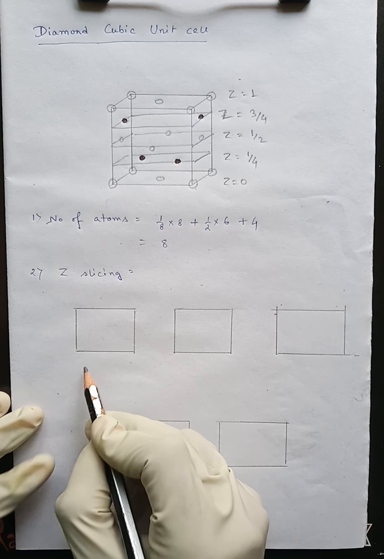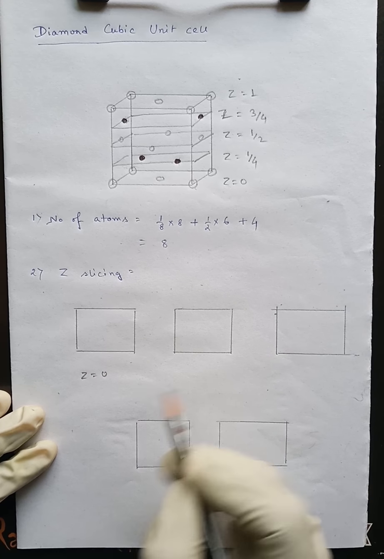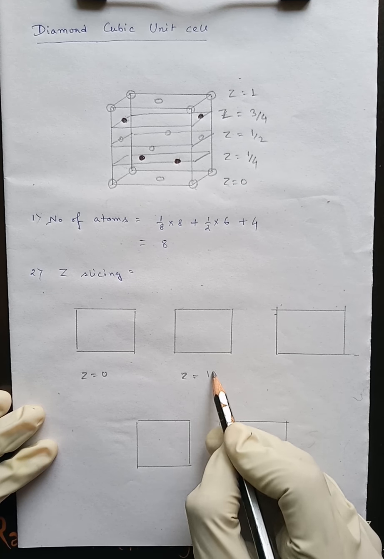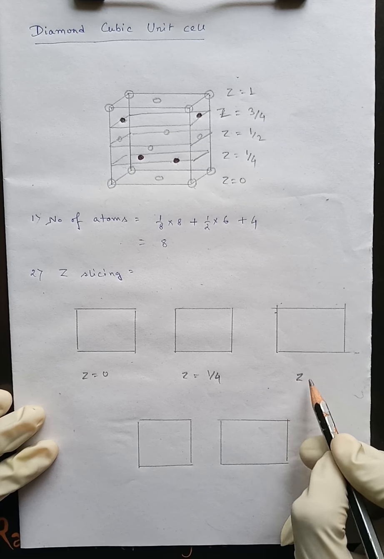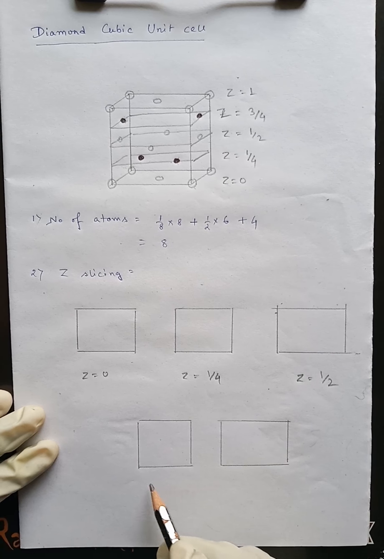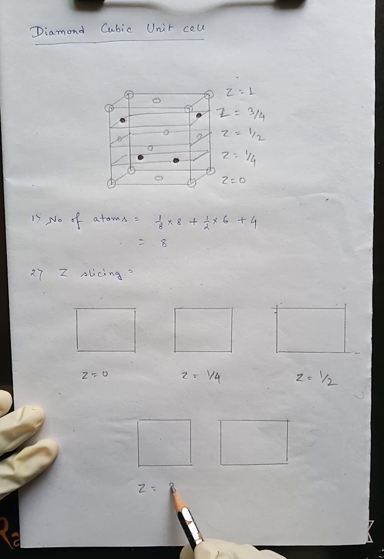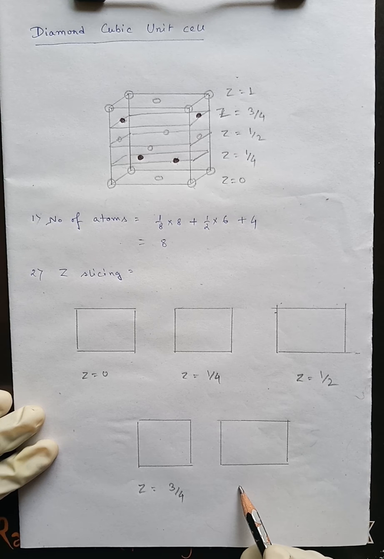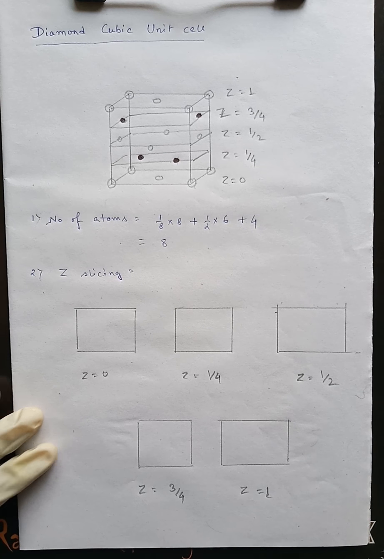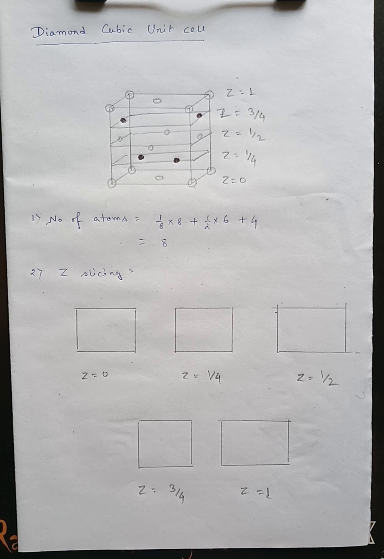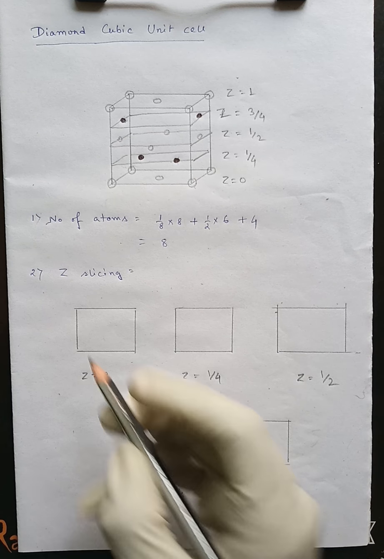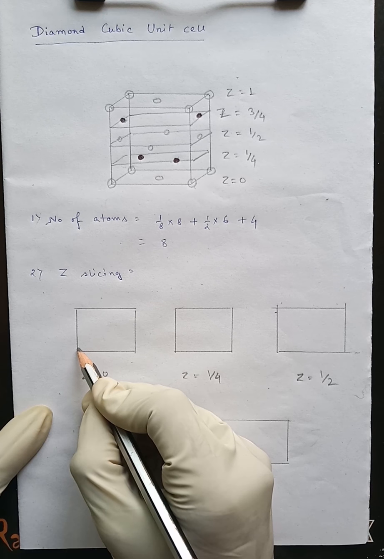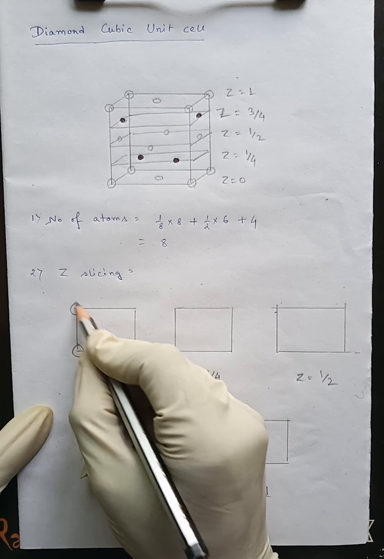Now see, this is z equals to 0, 1 by 4, half. Now where are the atoms? Z equals to 0 is similar for the FCC unit cell.